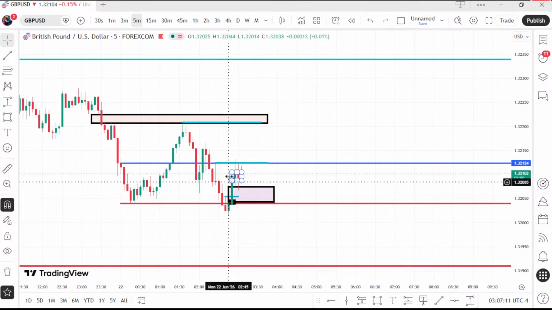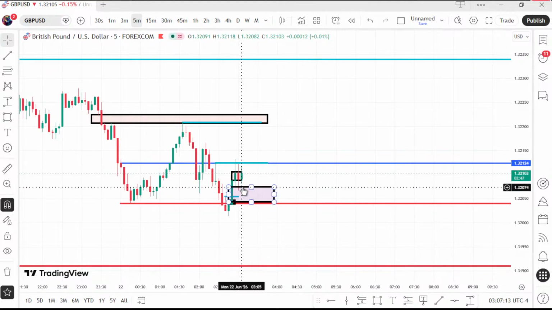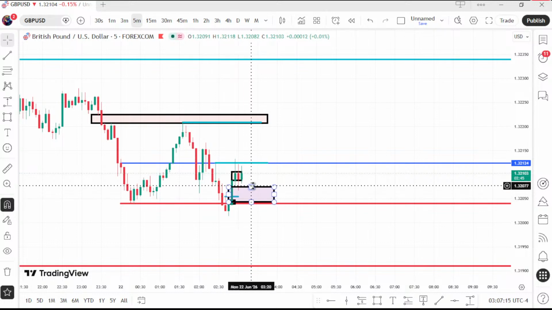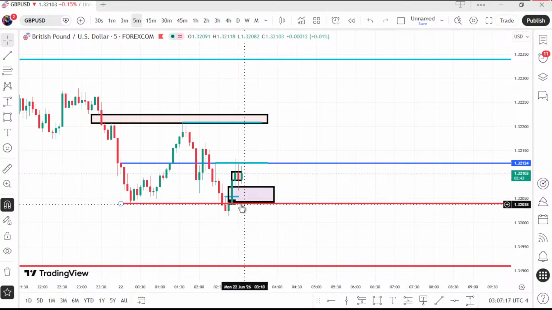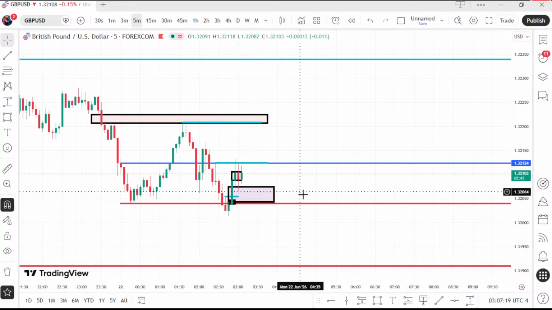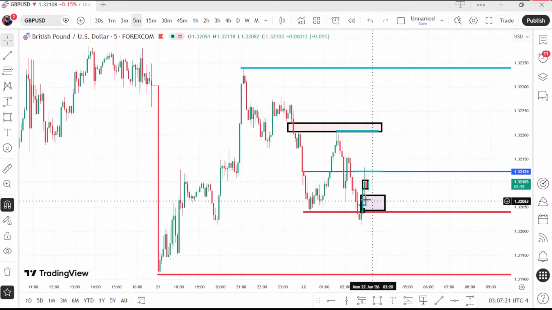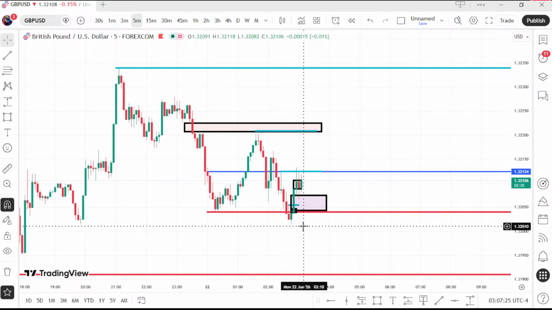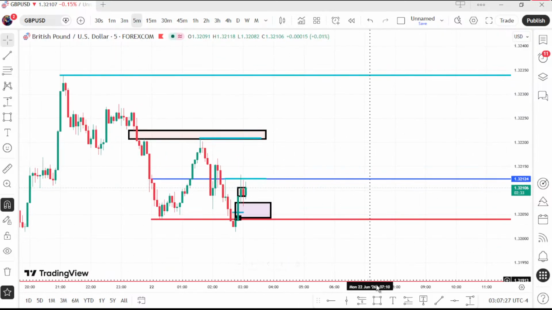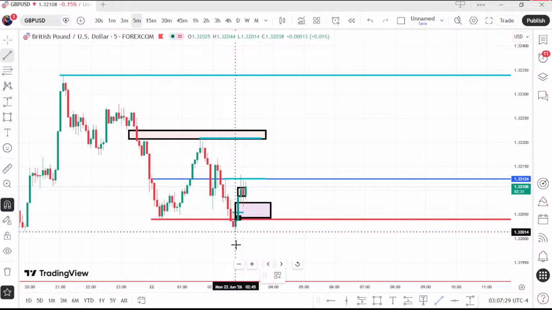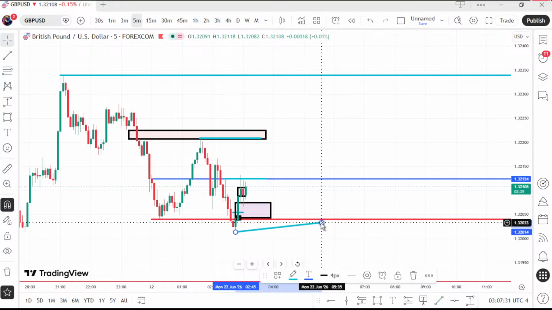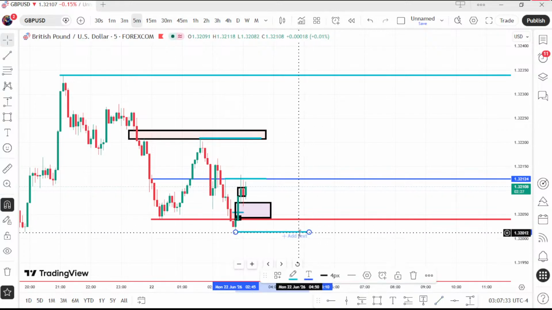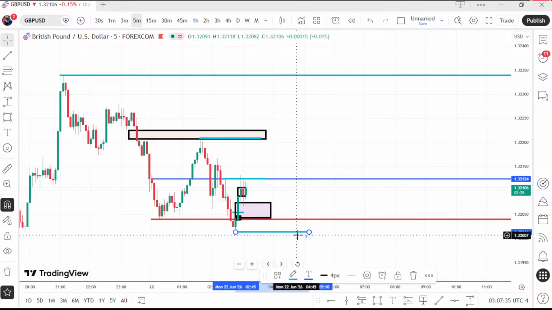So I've actually marked that market structure shift with a fair value gap. This is a fair value gap in the 1 minute, in the 5 minute time frame. I've actually shown you. Price come to that. So buying at that point there and putting a stop loss here. It's actually what my trading plan is telling me.